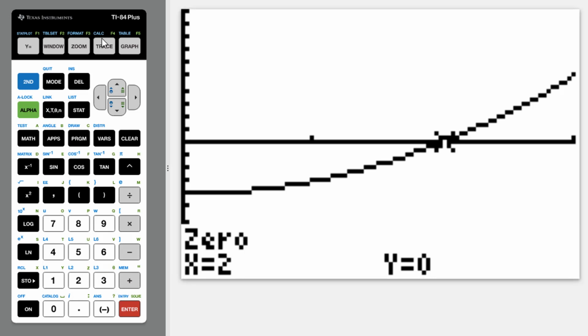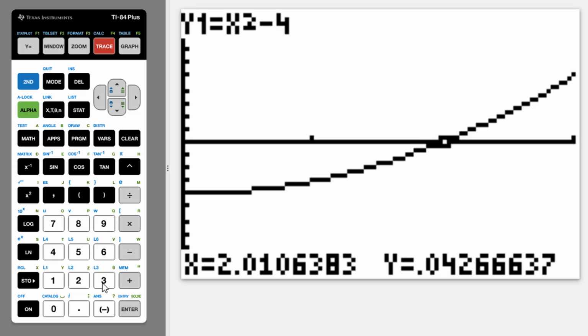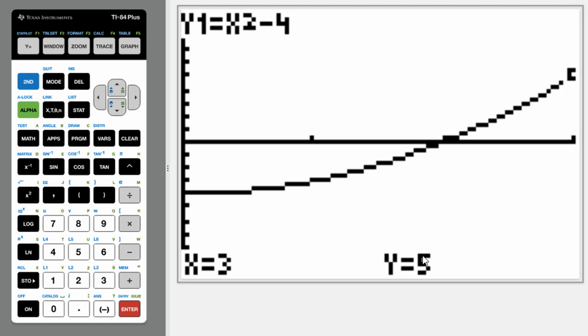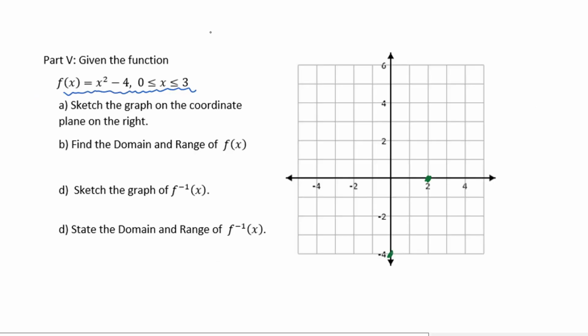Then trace when x equals 3, you will get 5. When you sketch the graph, we get the 3 points, 0, -4, y-intercept, 2, 0, x-intercept. Ending point is 3, 5. Plot these 3 points. Then you connect these 3 points. This will be f of x.